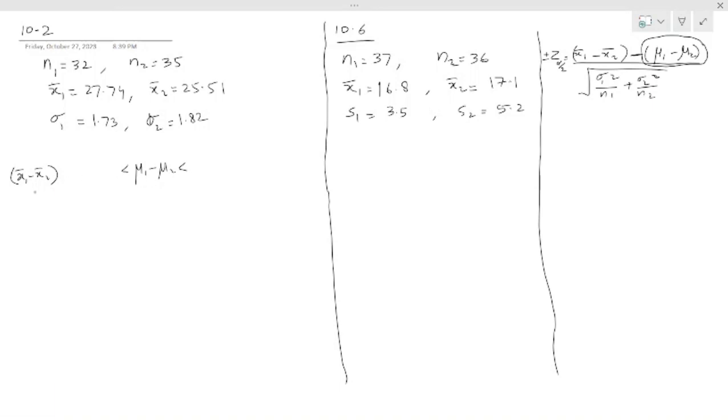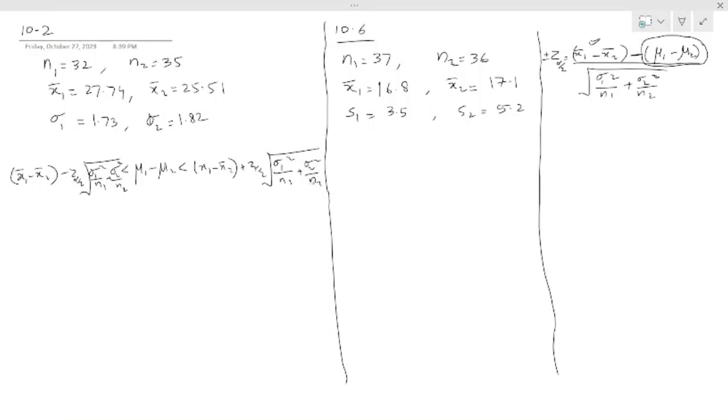We start our formula with the corresponding sample statistic, then a minus sign on the lower bound, plus sign on the upper bound, with the sampling distribution that we are using, which is z alpha by 2, multiplied by the square root of sigma 1 square divided by n1 plus sigma 2 square divided by n2. Same here, z alpha by 2 times the square root of sigma 1 square divided by n1 plus sigma 2 square divided by n2.